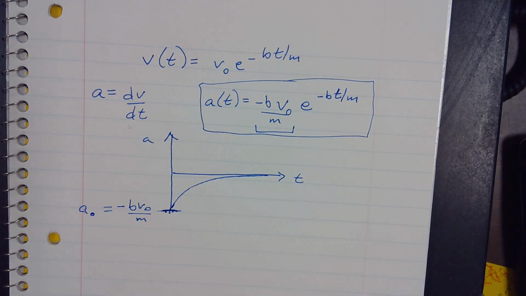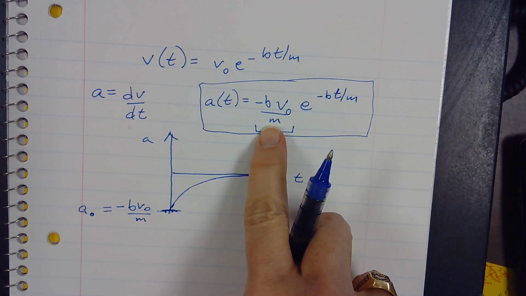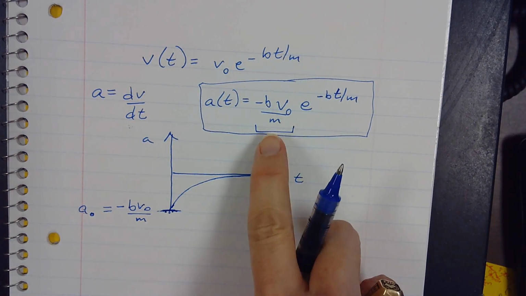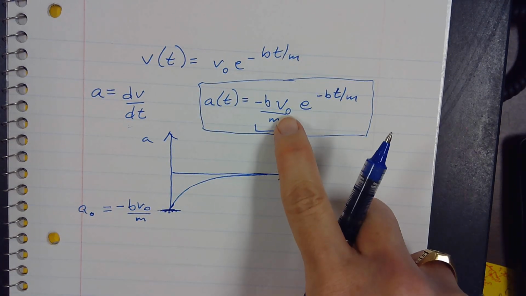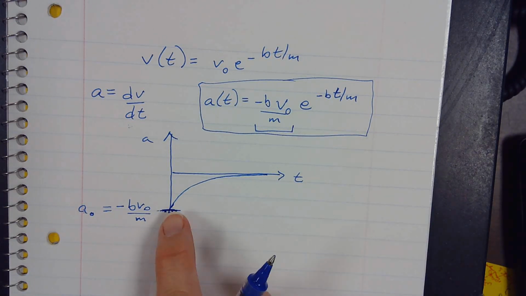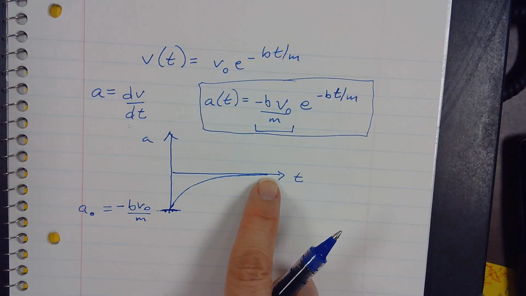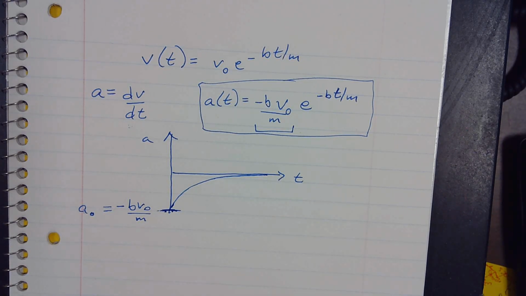This is the initial acceleration. So this tells you when you take your foot off the gas pedal, this is how fast you're going to slow down. It depends on the velocity at which you take your foot off the gas pedal, and then it has a smaller and smaller magnitude as time goes on because you're going slower and slower.